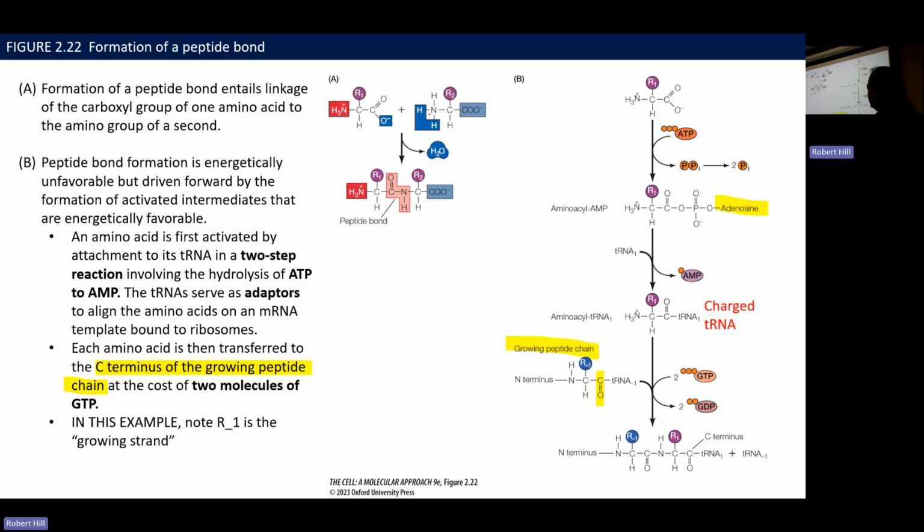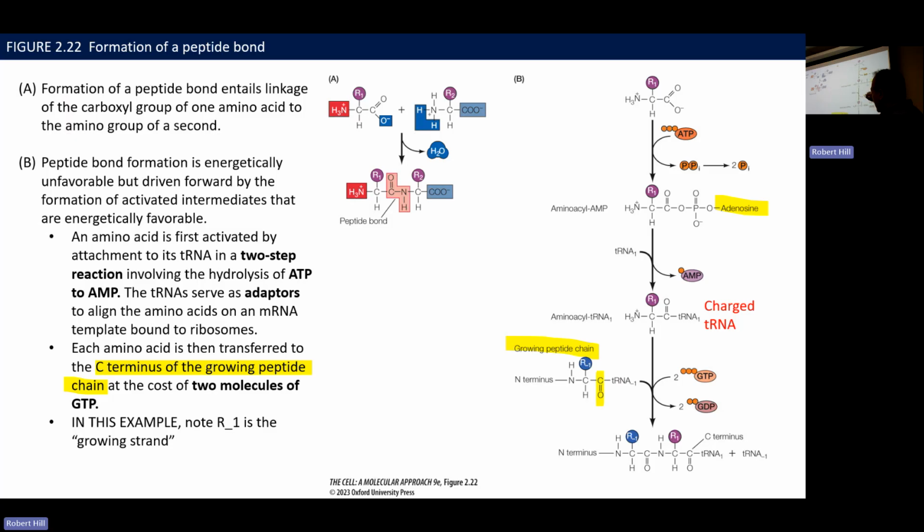All right, so energetically unfavorable. So we're going to have this two-step reaction that makes the whole thing energetically favorable. The first thing is an interaction with ATP. Okay, and you can see what happens here. Not only do you lose a phosphate, right, but adenosine actually gets transferred to that first amino acid, making that conformation energetically favorable.